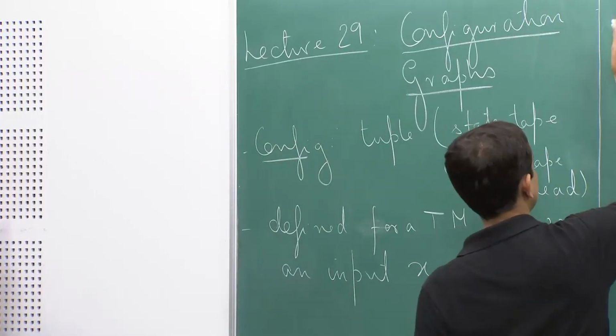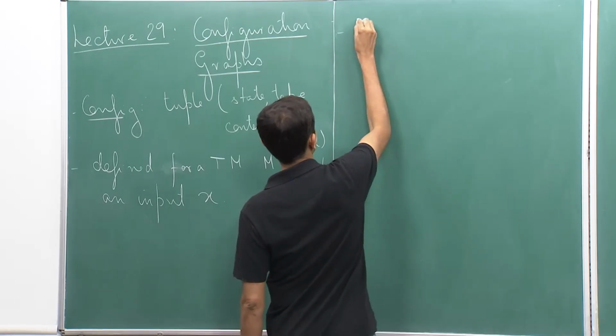Now, let us look at the definition of a configuration graph.